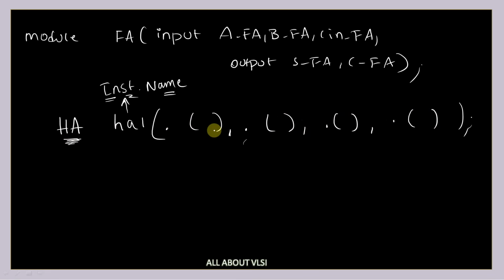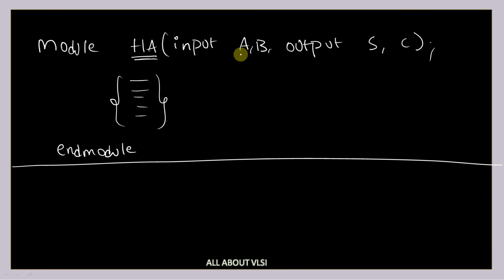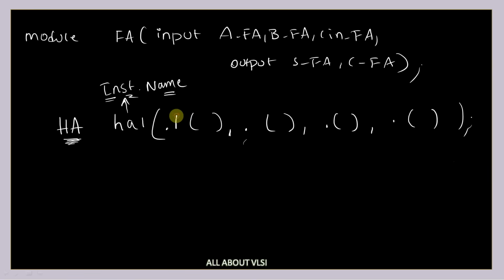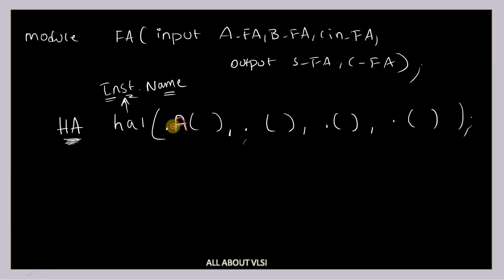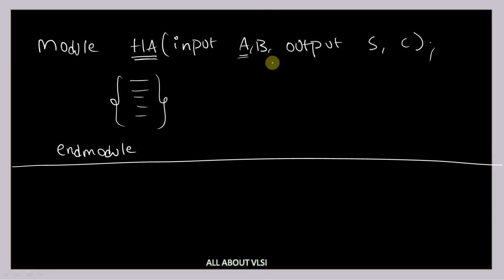Outside the brackets, you should mention the variables which are associated with our half adder. What is the variable associated with our half adder? A, that you are going to mention here. Next, B. Next, what is present?